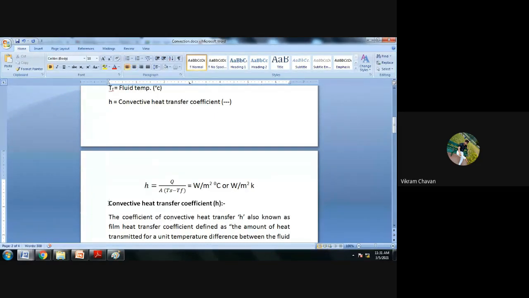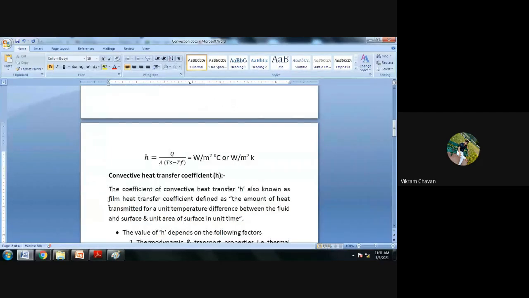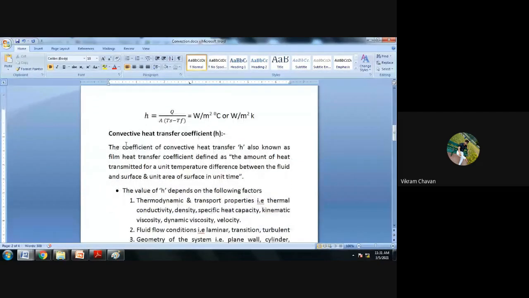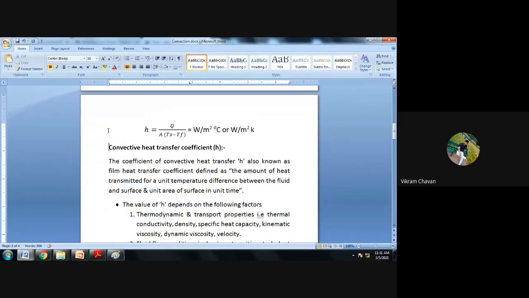Then next, convective heat transfer coefficient. Definition of the convective heat transfer coefficient, in bracket small h. Write down the definition.